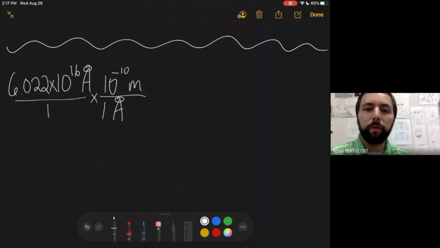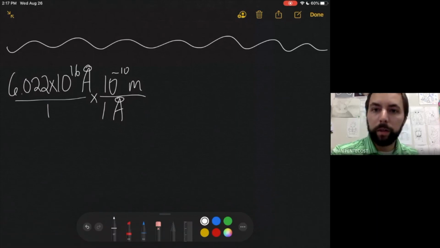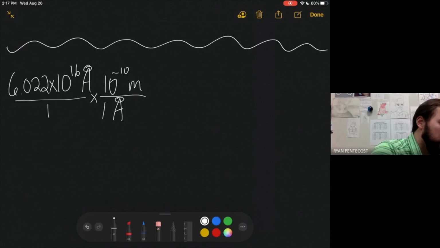Now we have to convert meters to miles. Now, how I would do this is I would convert meters to centimeters and then centimeters to inches, because that's the only conversion ratio I know off the top of my head. 2.54 centimeters is 1 inch.